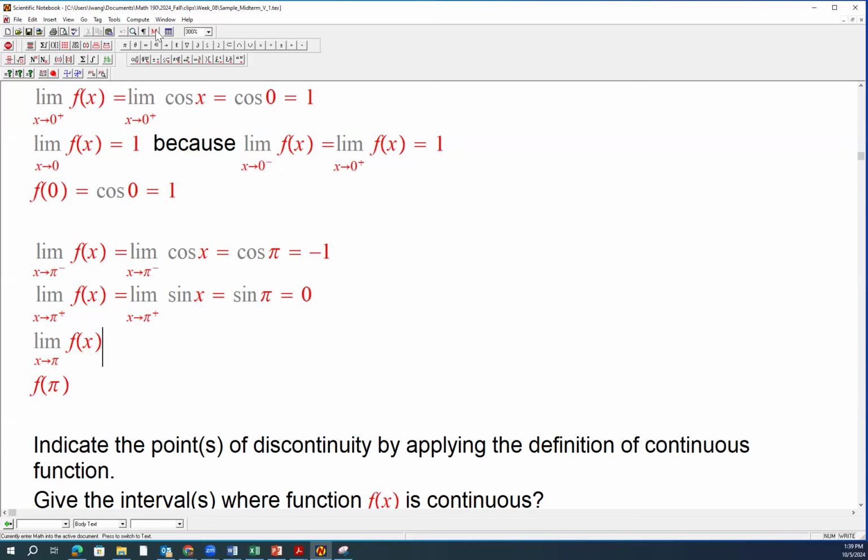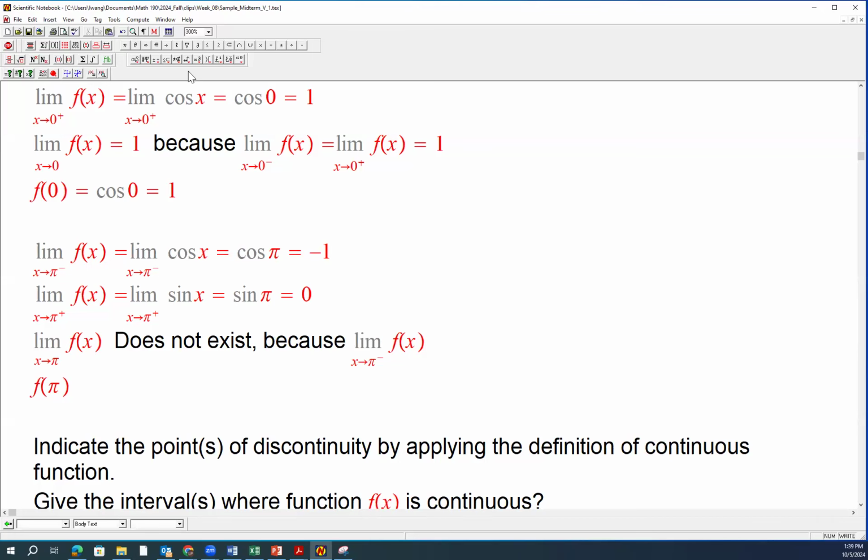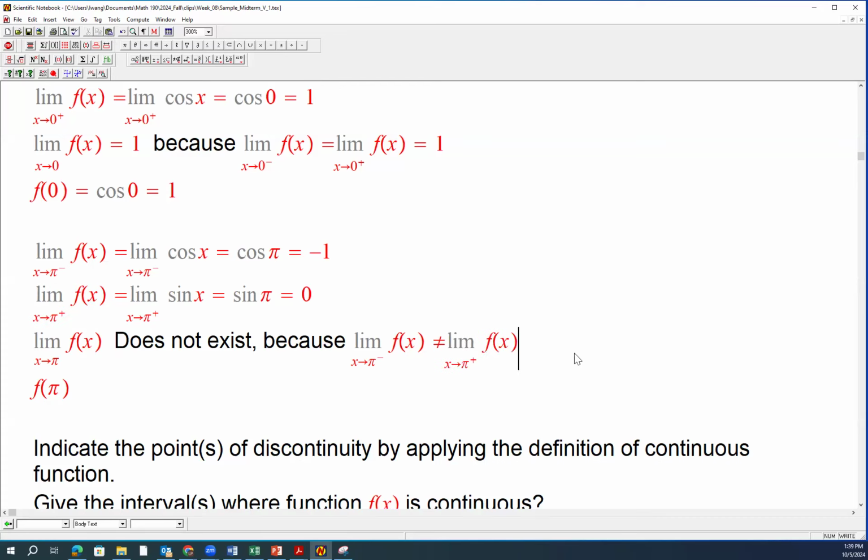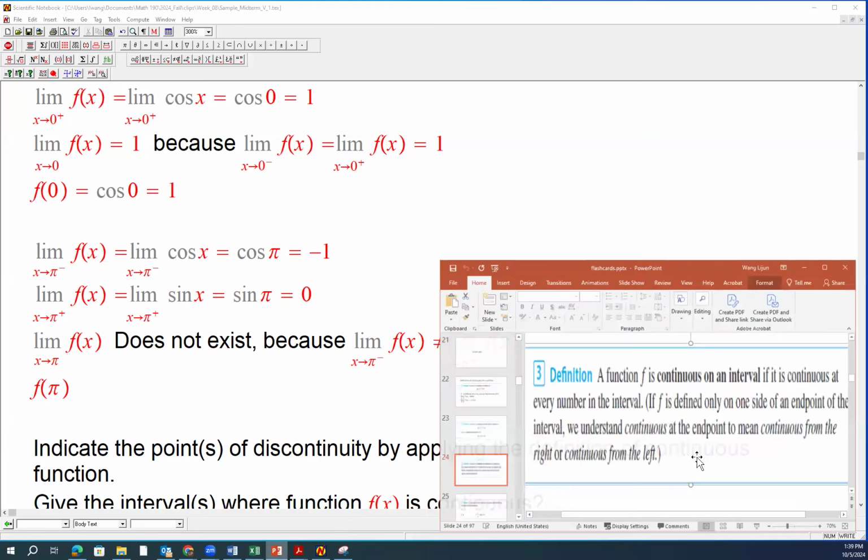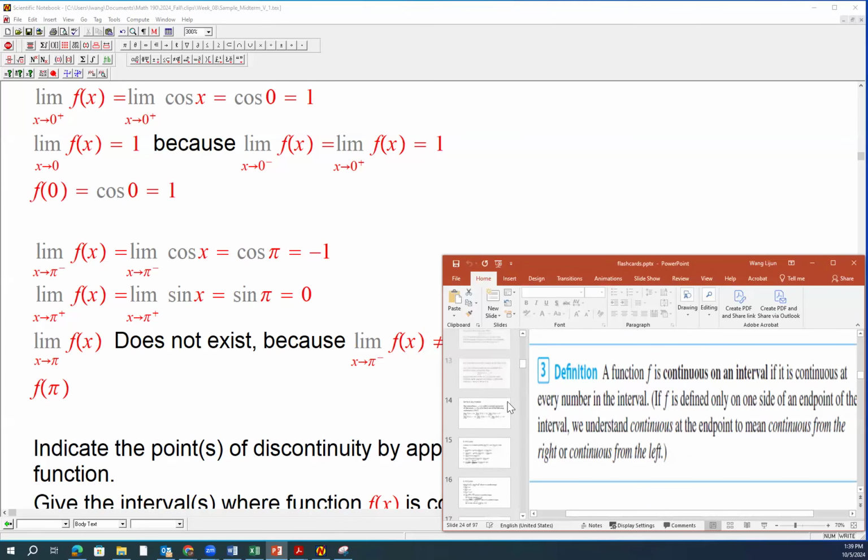So when x approaches pi, the limit of this function does not exist, because the limit from the left is not the same as when x is approaching pi from larger than pi. They're not the same. All of this is testing you, as I mentioned earlier, about these concepts.